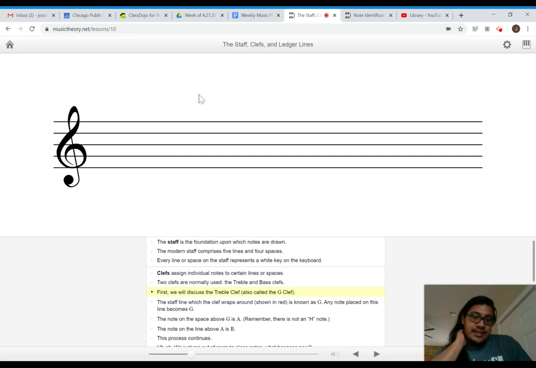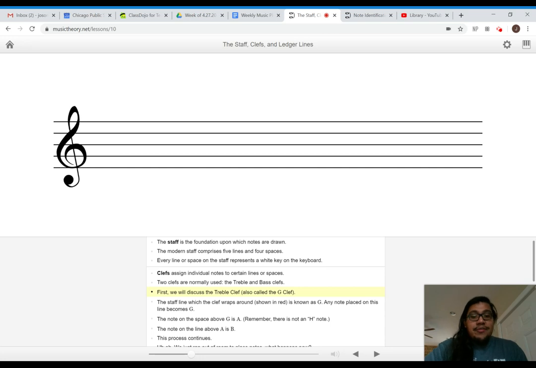For the first exercise we're going to be doing, we're only focused on the spaces. Note that when you move from a line to a space, each one is telling us a note. We're moving upwards in alphabetical order, except we're using our musical alphabet.